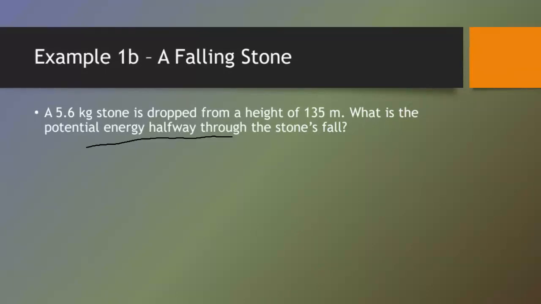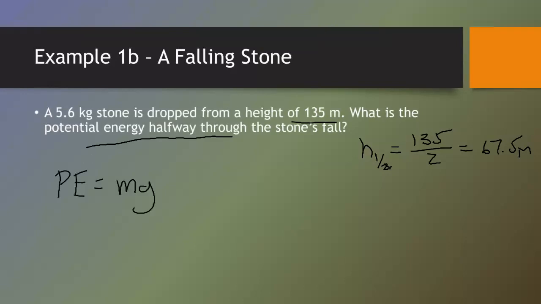Well, halfway, we're just going to write this as h of 1/2, is going to be the total height, 135, divided by 2, or 67.5 meters. To find the potential energy at that point, again, we're just going to have m times g times h. This time times the 1/2 value. I'm sorry, my pen's being a little strange.